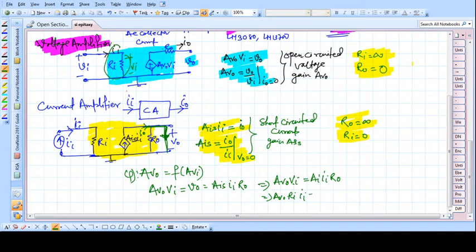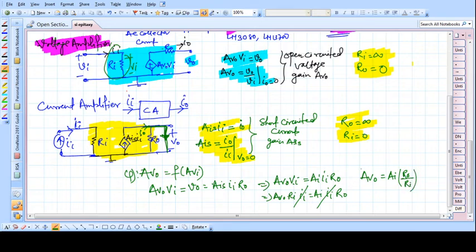So this should be Ai, Ii, R naught. So this Ii cancels. So we can write Av naught equals Ai, then R naught by Ri.